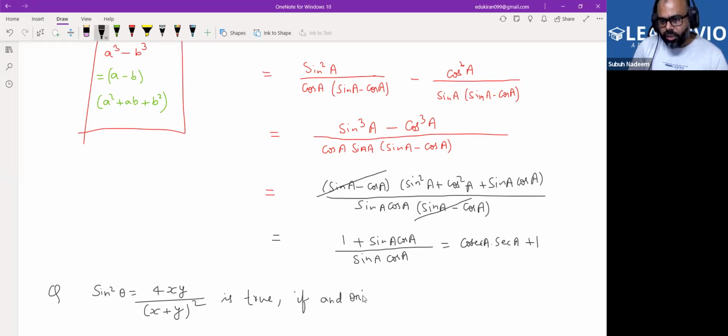This means that if this is true, that is true, and if that is true, then this is true. Both side implication is there.